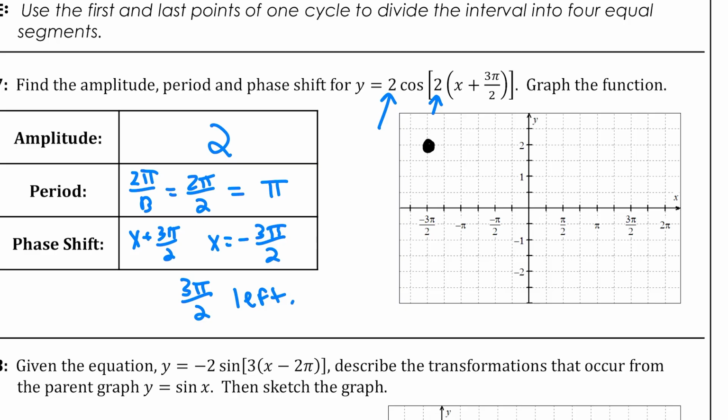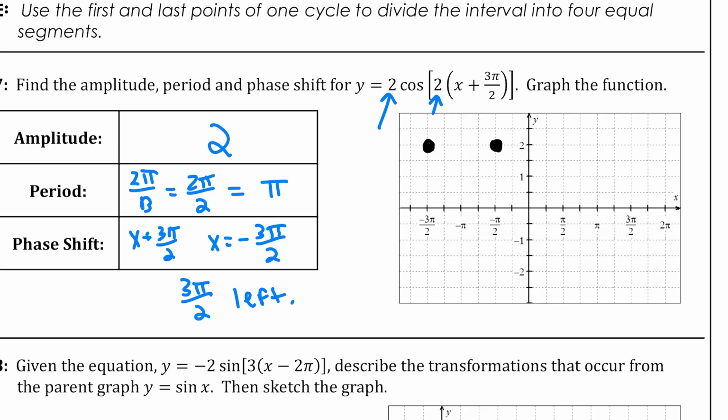I accidentally put it at 1. Right? Because we start out at a maximum. And then if our period is pi, so if we add pi to negative 3 pi over 2, we are going to get negative pi over 2. So I'm going to put our other point there. Okay, so that's how we find our stop point.